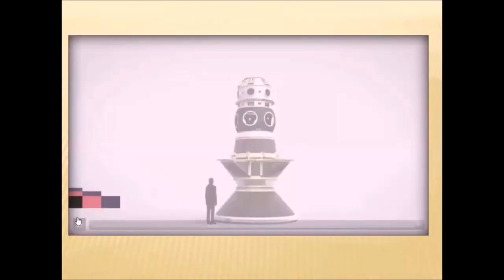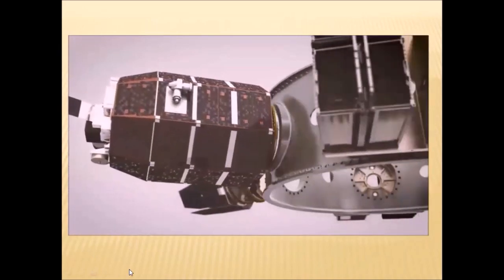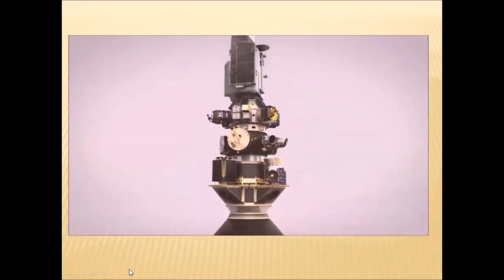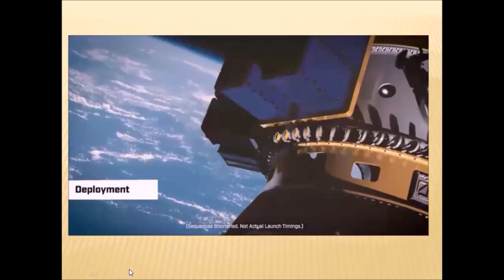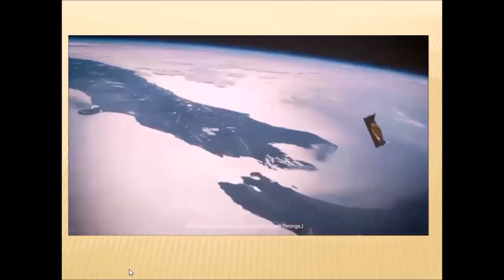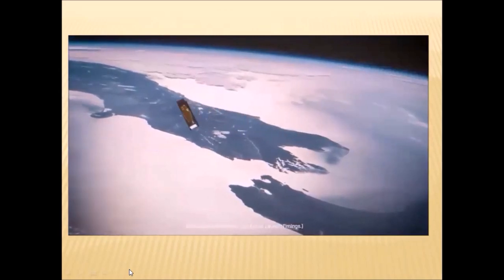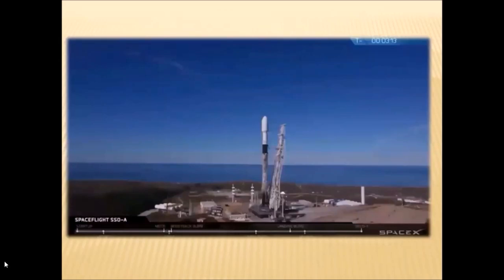And this is an example of the flight support and integration of the nanosatellite. And the next video is an example illustrating the mission of launching nanosatellite.